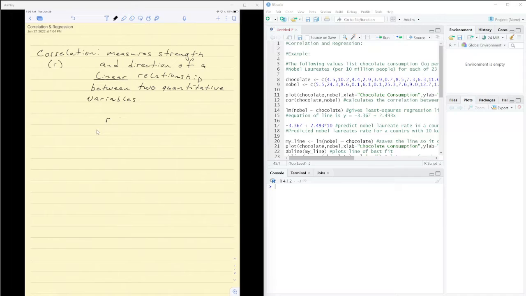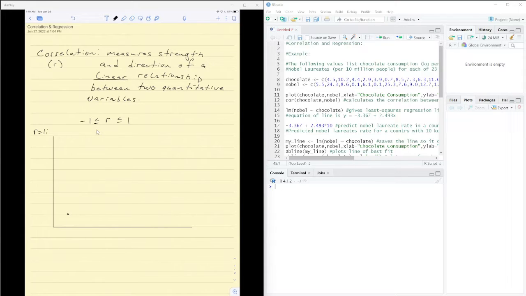Correlation is a number between -1 and 1. 1 meaning a perfect linear relationship with a positive relationship, -1 meaning a perfect linear relationship with an opposite relationship. So what that kind of looks like in a picture, if I draw a scatter plot, something that would look like a correlation of 1 would be like this.